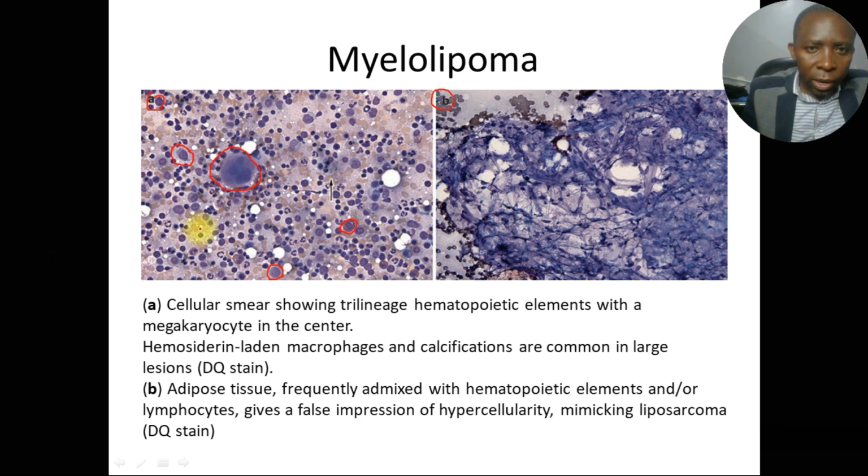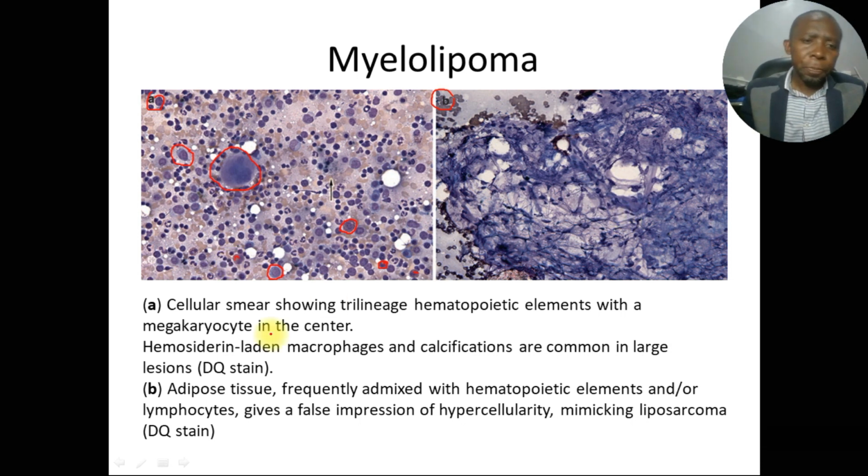When we critically look at these cells, we can see some deposition of hemosiderin. Like when we look at the cell here, there is some deposition of hemosiderin around here, and even this one, they are very small to see. Even this cell here, we can see some deposition of hemosiderin.